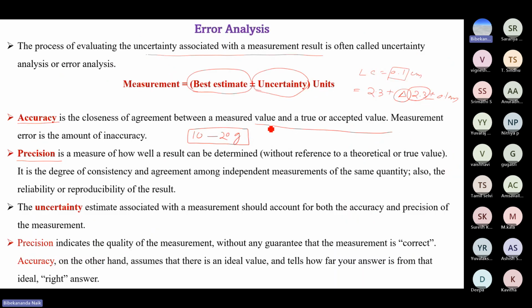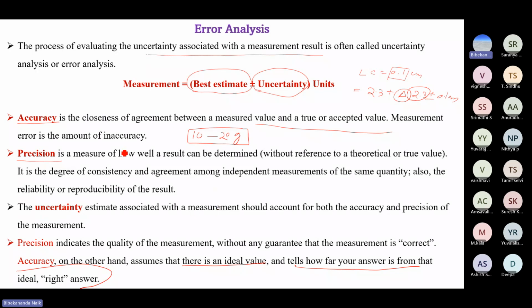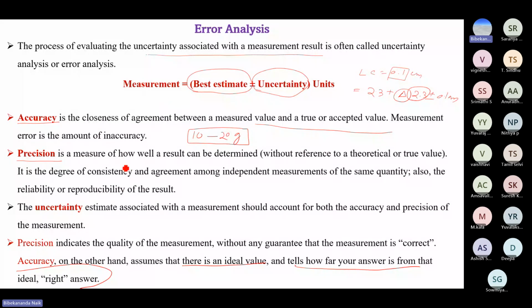So when you talk about accuracy, assume that there is an ideal value that tells us how far your answer is from that ideal or right answer. In our example, the right answer is 17.97, suppose.